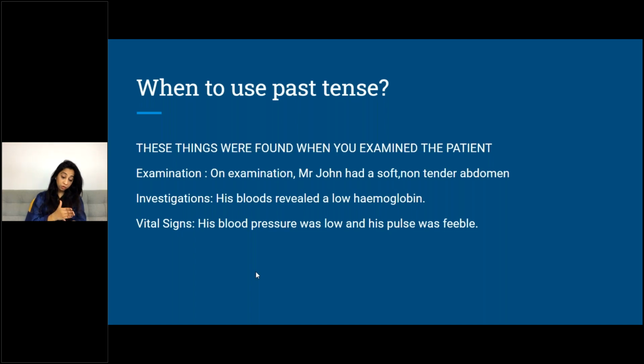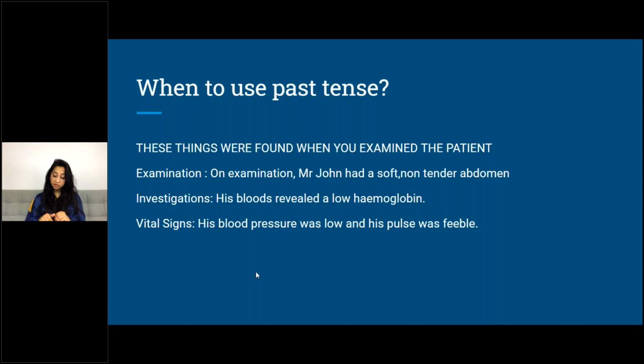So, on examination, Mr. John had a soft, non-tender abdomen. His bloods revealed, notice that, a low hemoglobin. His blood pressure was low and his pulse was feeble.